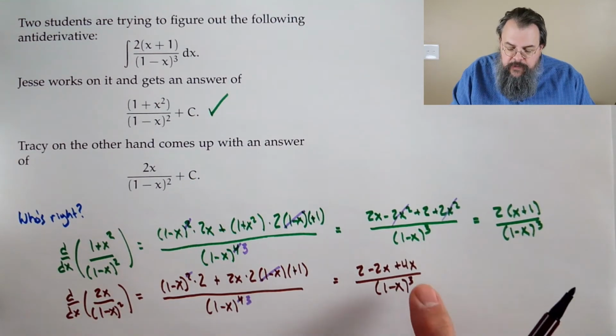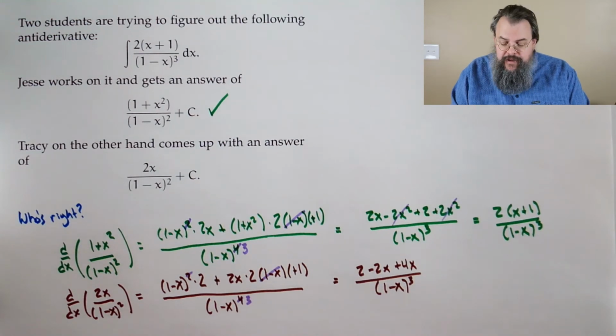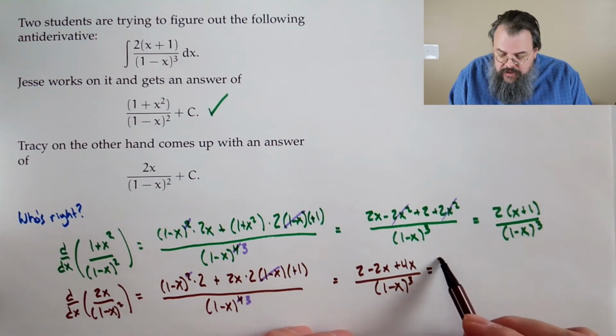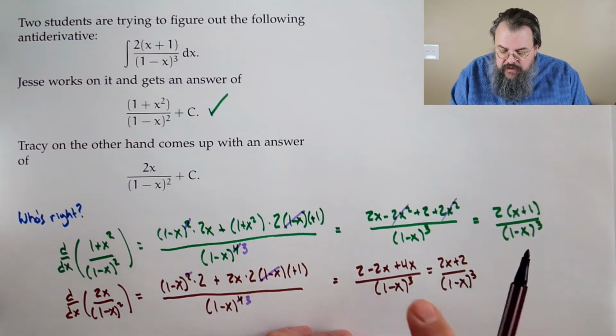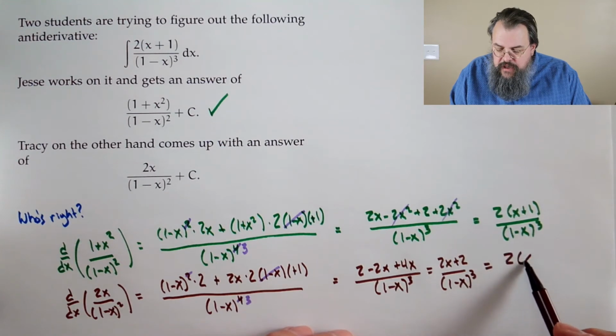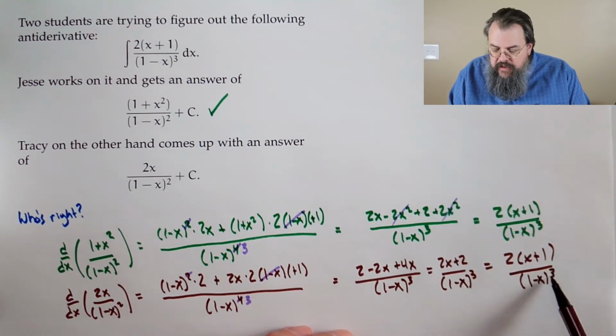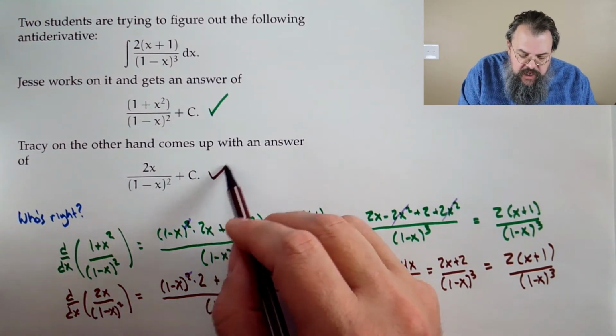Okay, now 4x and minus 2x becomes 2x. So that's really 2x plus 2 over 1 minus x cubed, because I can just add those together. Oh, we could factor out a 2, so we get x plus 1 over 1 minus x cubed. Aha! That means Tracy got it right.